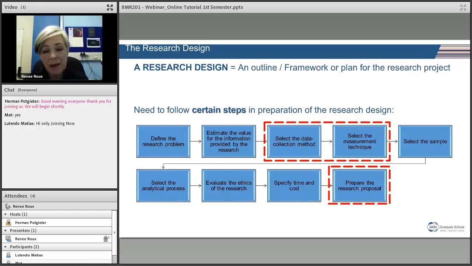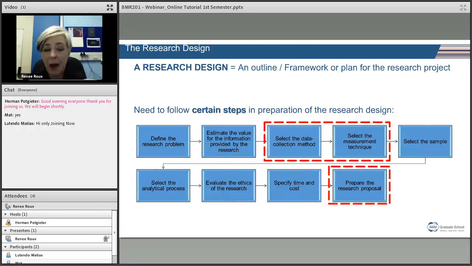Then the second step is you select the data collection method. Then you select the measurement technique. Thereafter, you select the sample. You select the analytical process, how you're going to analyze the data. You evaluate the ethics of the research.